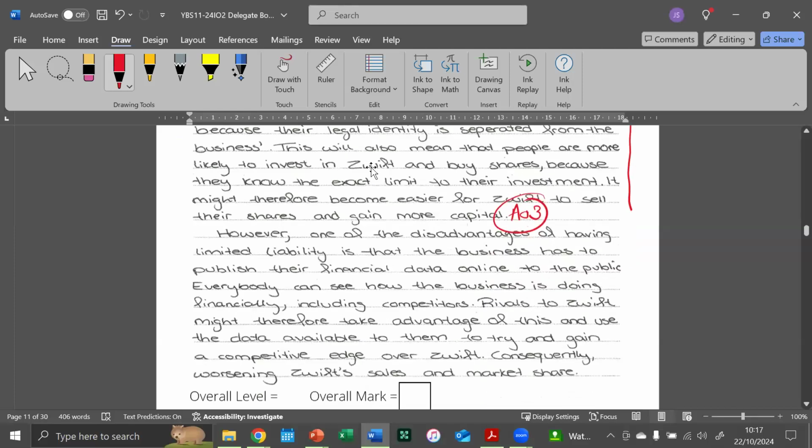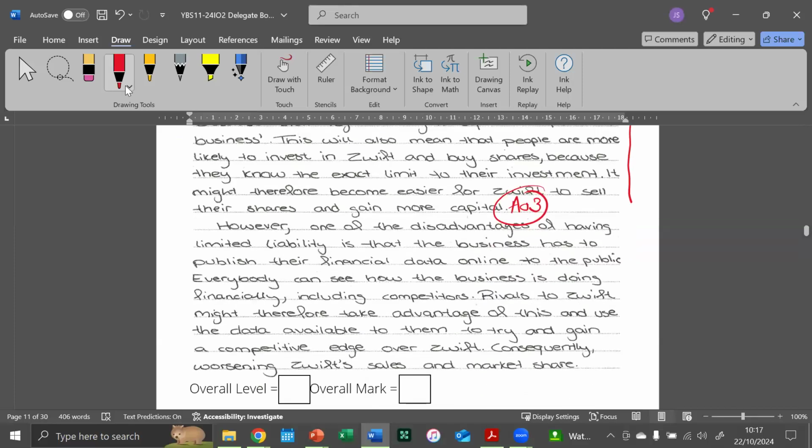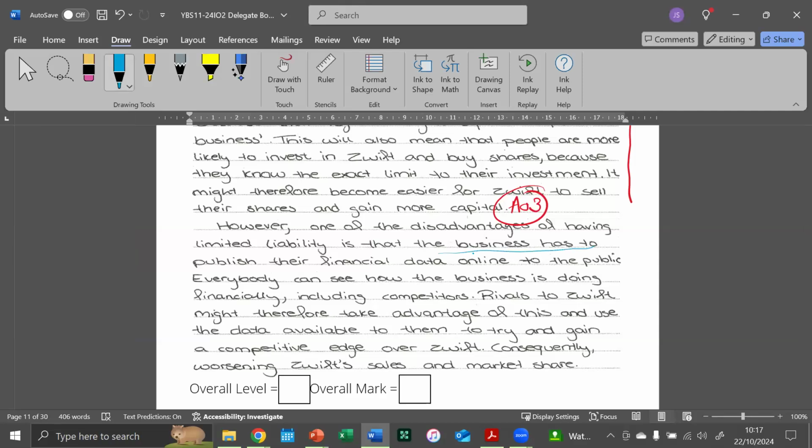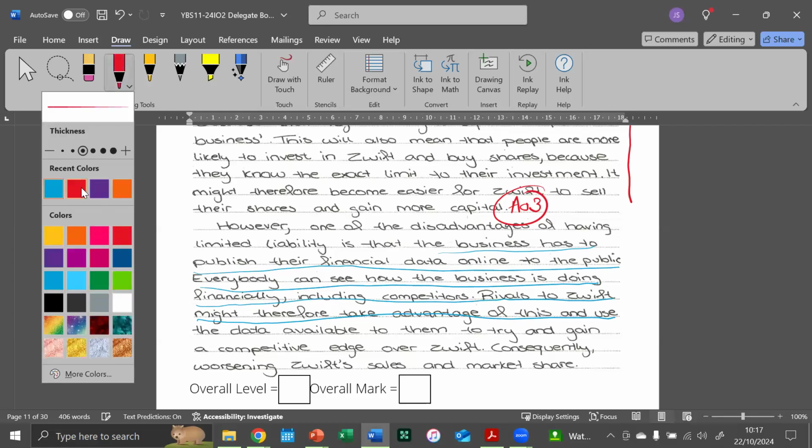And then I'm looking down here and saying, is there some AO4? Now, I always mark AO4 in blue. This is not quite right, but I suppose there's something in it. It's not quite right. Okay, they don't have to publish it online, but they can be searched online. So there is some value there and maybe some more analysis here.